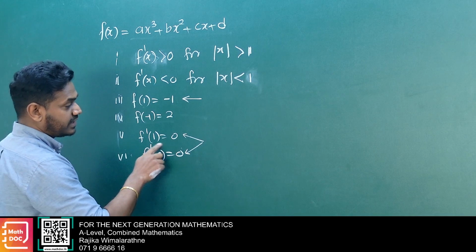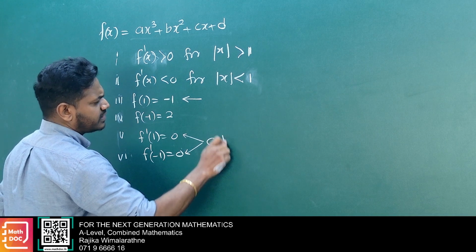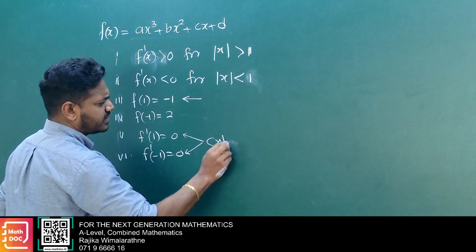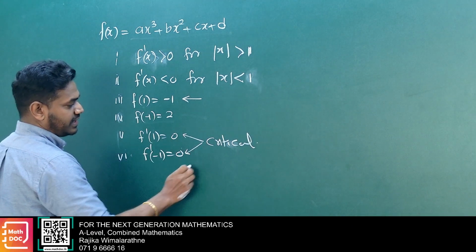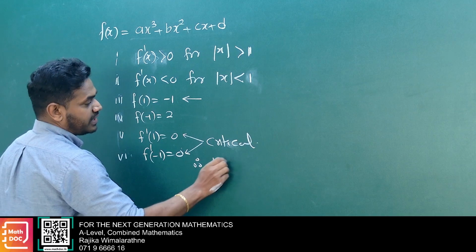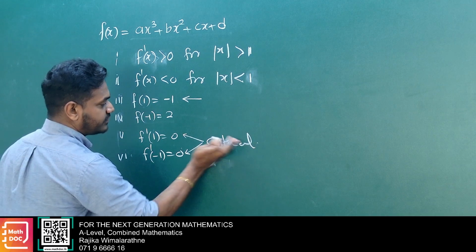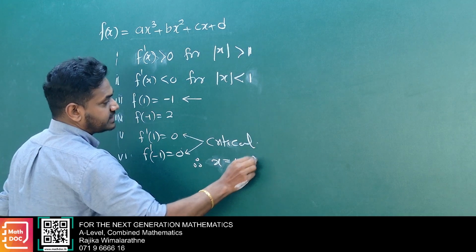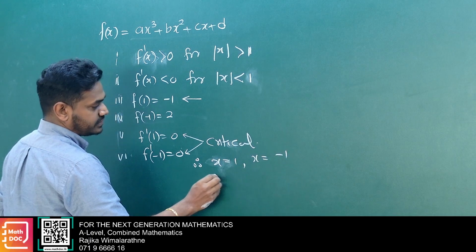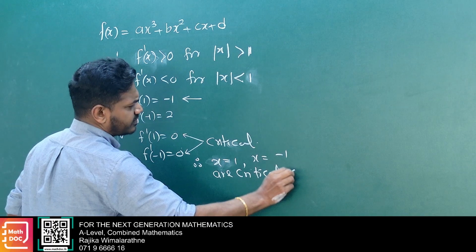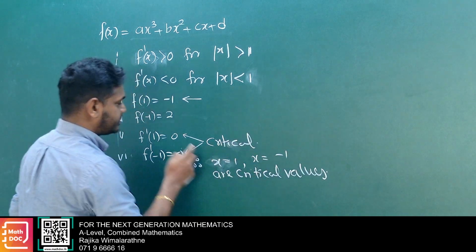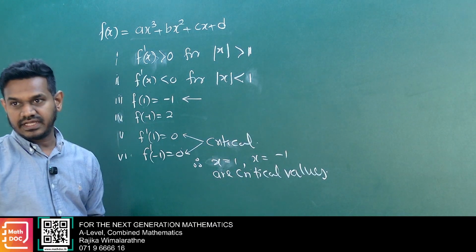So x equals 1 and x equals minus 1 are critical values.